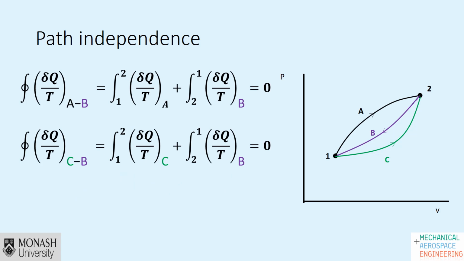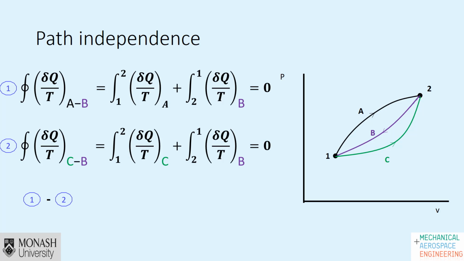So now we have these two results from the cyclic integrals for the two cycles we defined, AB and CB. We're going to call the cyclic integral for AB equation 1, and the cyclic integral for CB equation 2. Then we're just going to subtract equation 2 from equation 1. The right-hand side of both is 0. 0 minus 0 is fairly straightforward.